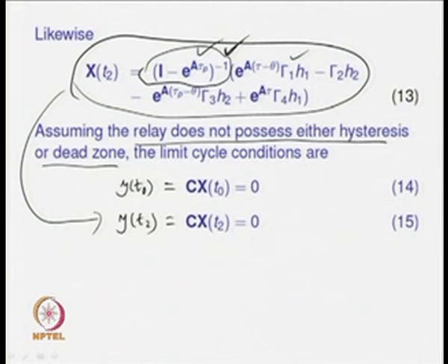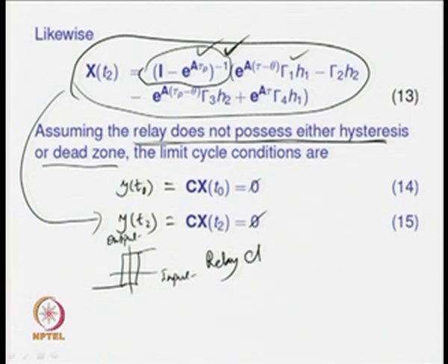When this is not true, what is not true? When the relay is not ideal, and if it possesses hysteresis or dead zone, in that case these zeros will not be there. Suppose the relay has some hysteresis, and the relay characteristics, relay input and output, is given by this.